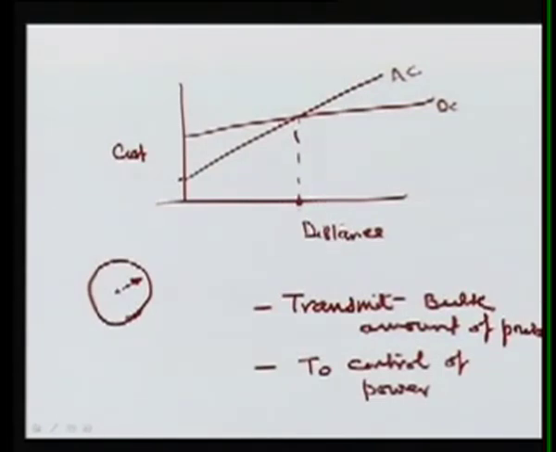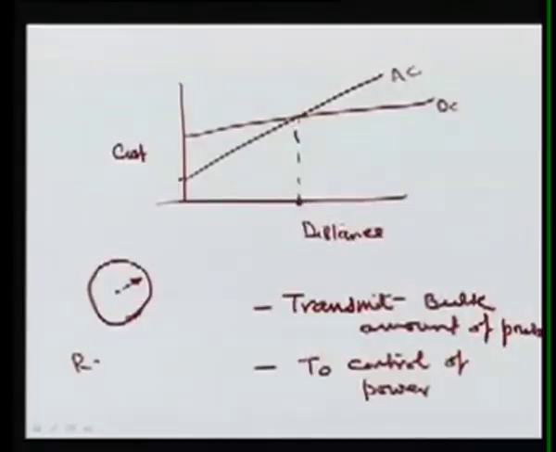So the resistance of this conductor increases because the current is not uniformly distributed over the conductor. So always this R_DC, the resistance if DC current is flowing in a conductor of the same radius, is less than R if AC current is flowing in the same conductor. This is due to the skin effect of this transmission line.